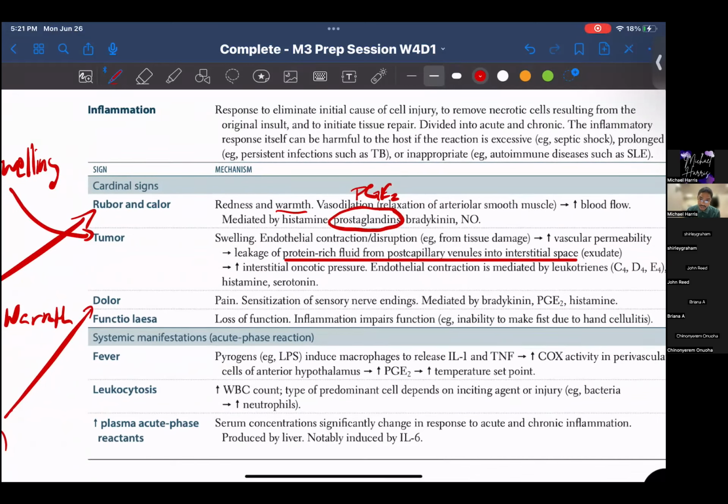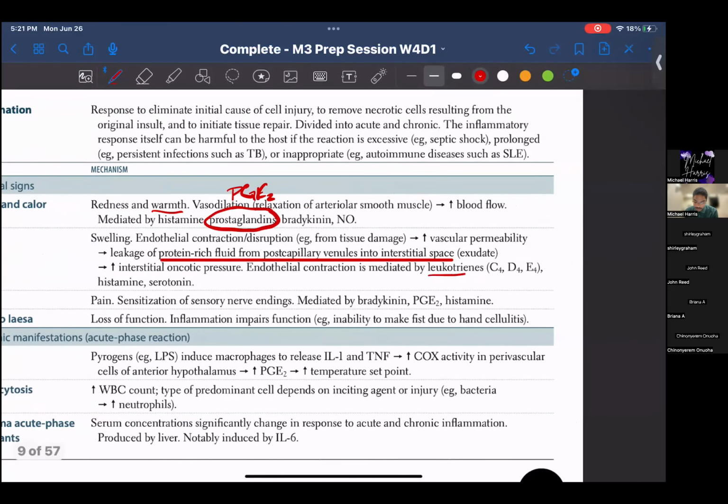Okay, all those cells that we talked about, the neutrophils, the monocytes that turn into macrophages, the lymphocytes that want to join in during the more adaptive phase. This is the guy, and it's all due to leukotrienes, as well as other factors like histamine and serotonin.